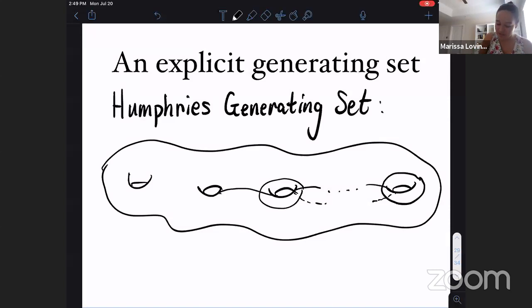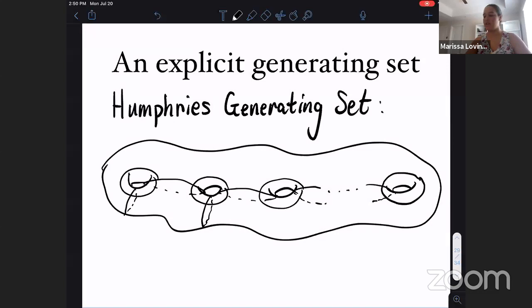But we just get these kinds of nice non-separating curves like this. And then we add these two extra in here, just two like this. And so the Dehn twists about this set of curves give a generating set for the mapping class group. So this is the Humphries generating set.